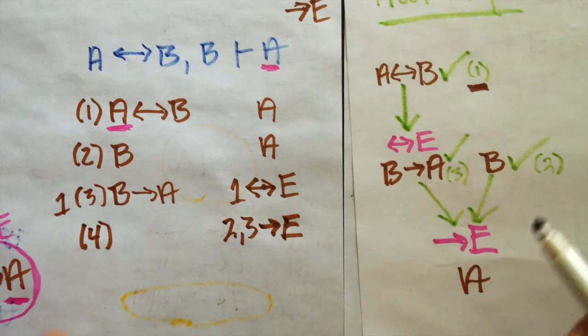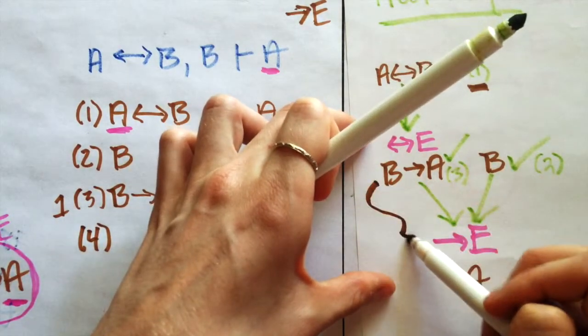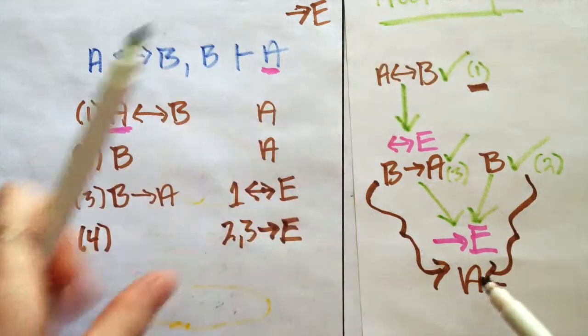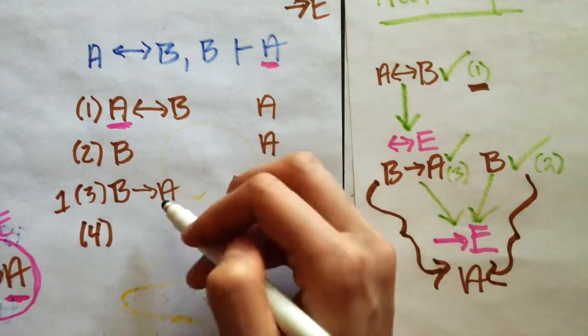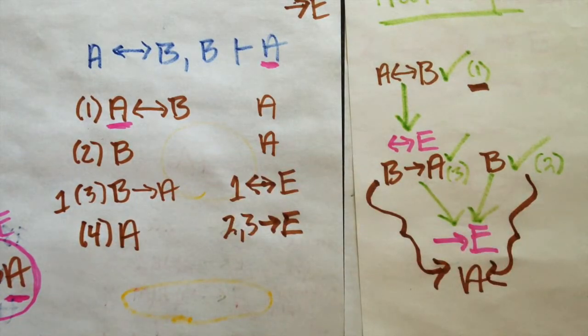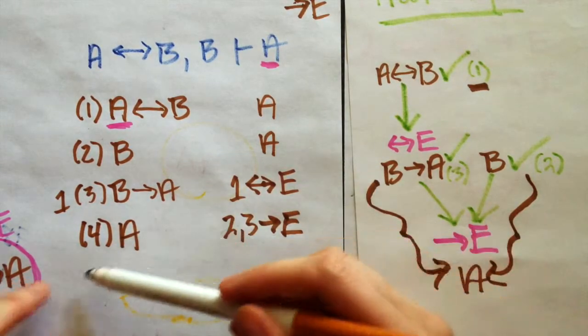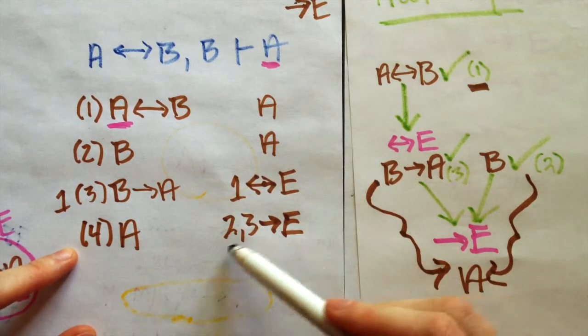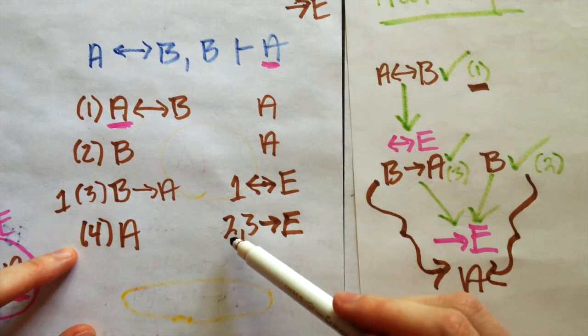And what are we getting out of it? Well, these 2 sentences together with the rule are giving us A, right? We're breaking A out of this conditional here. And now, of course, you don't want to forget your assumption set. So we look over here at the 2 lines we used. Okay, we use line number 2.